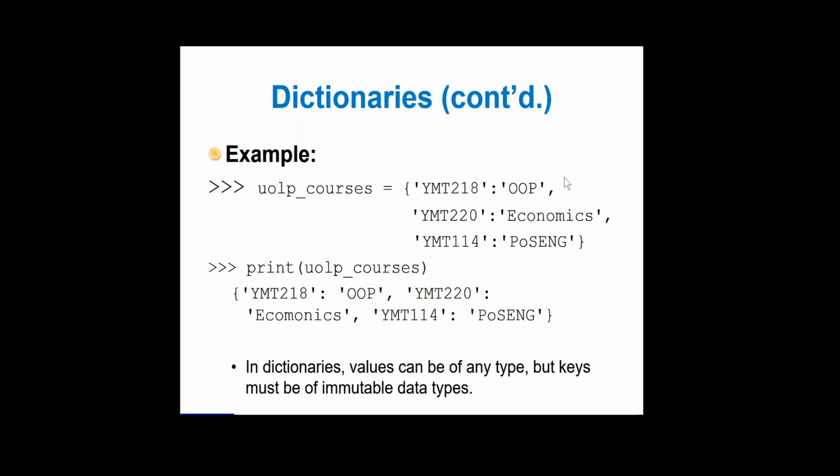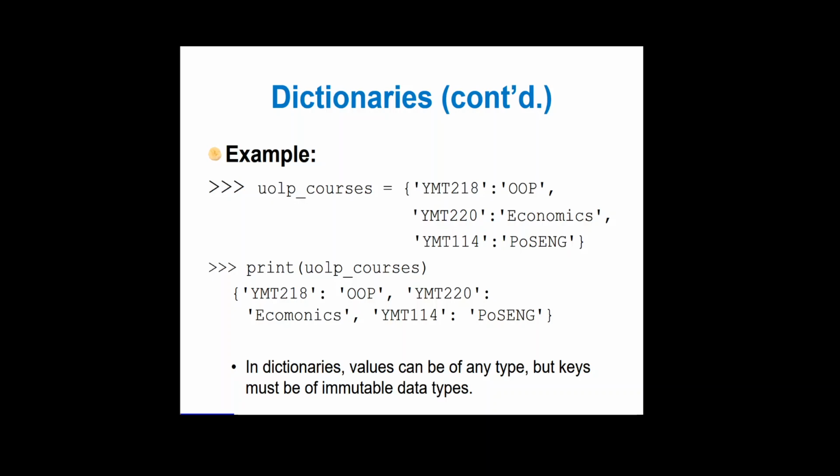This is number one. Number two, we do not have numeric indexing. We can't use numeric indexing to get the values from a dictionary in Python. We need to use the key in order to get the value, and that's why it's not indexed. We use a key, not a numeric index, and that's why it's not a sequence.